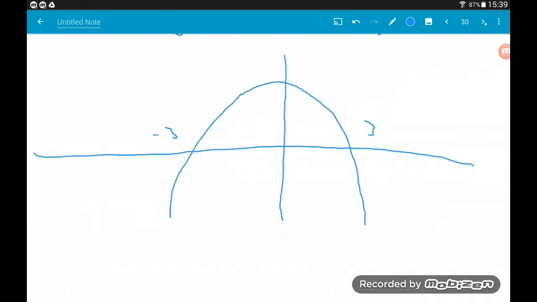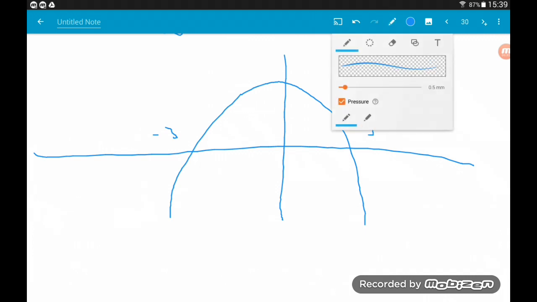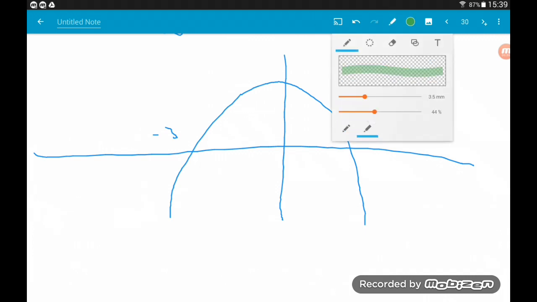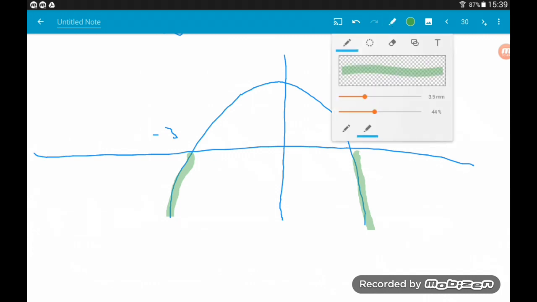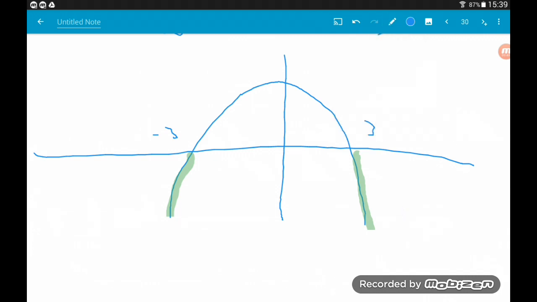So that means on or below the x-axis. So we want this bit and we want this bit. So over here we've got x greater than or equal to 3, or over here x less than or equal to minus 3.